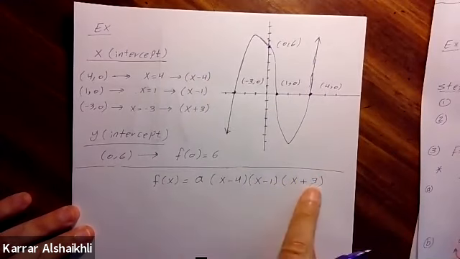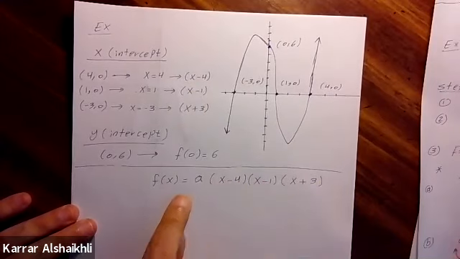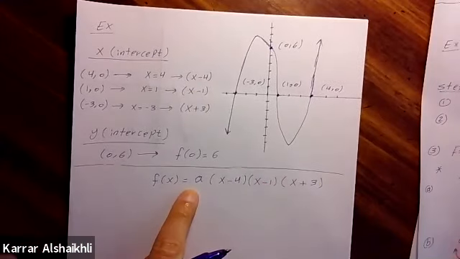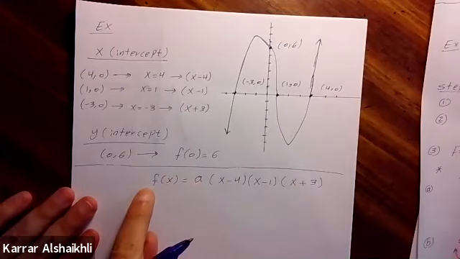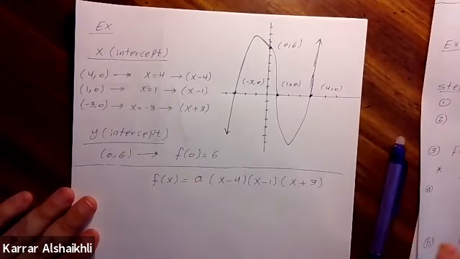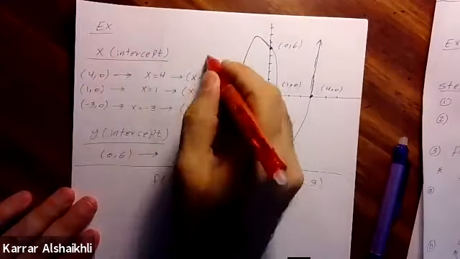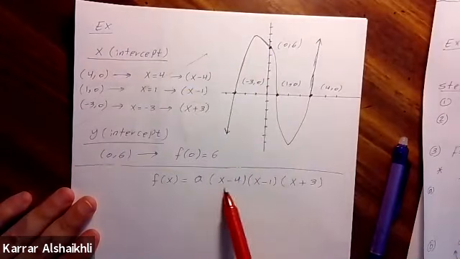You see, I use the x-intercepts on this side and put down a coefficient a in general. We're going to find this number. So I'm done with the x-intercepts. I used all the x-intercepts here.